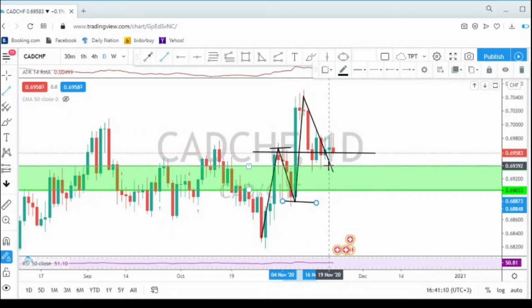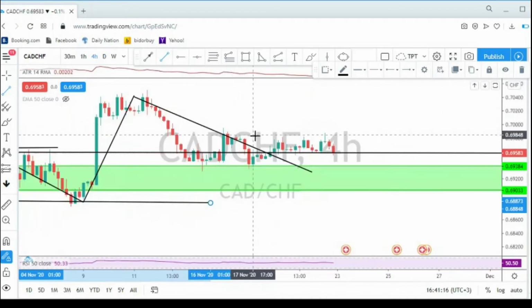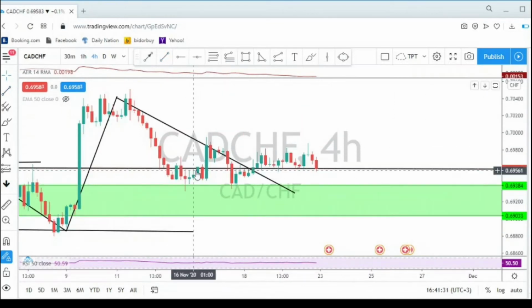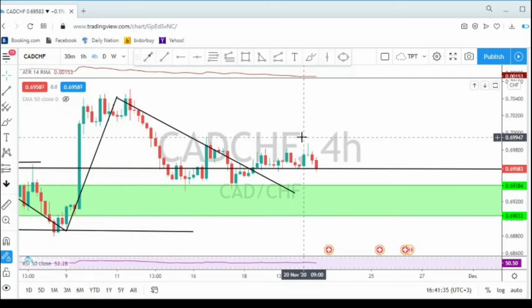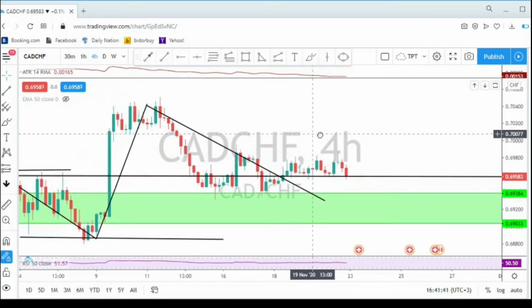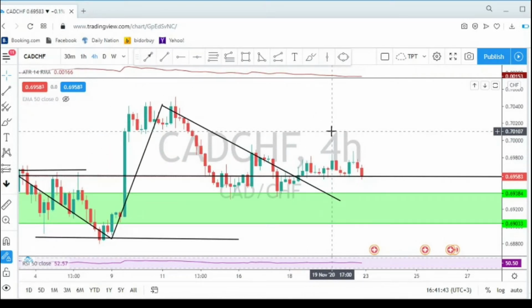Now when the market makes such a pullback, what I normally do is go to a lower time frame. On a lower time frame, I look for simple price action patterns: head and shoulders, triangle, or double bottom, double tops, or engulfing candles.